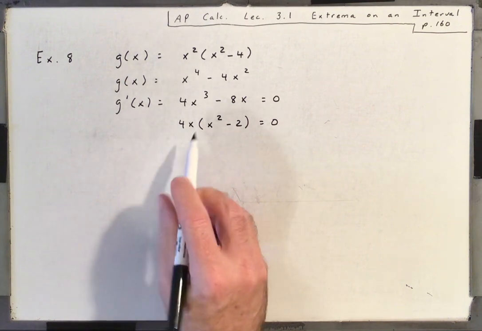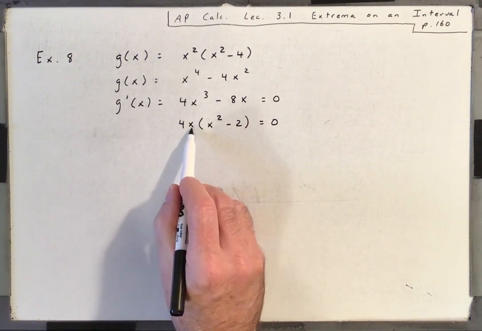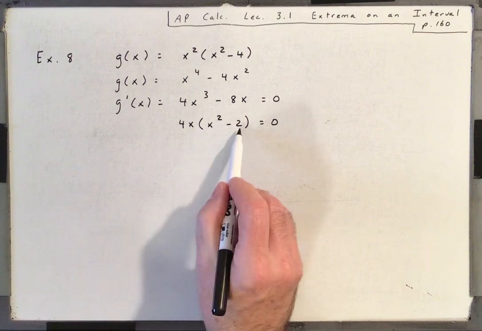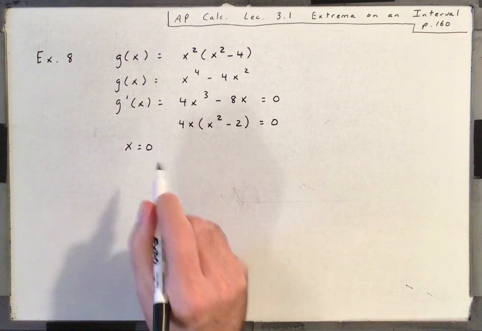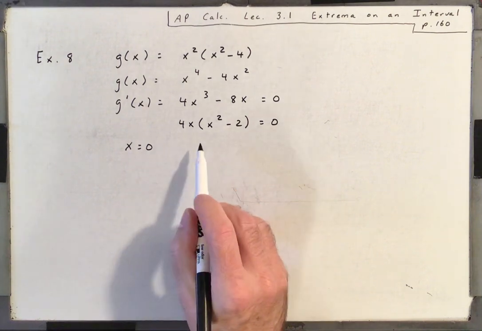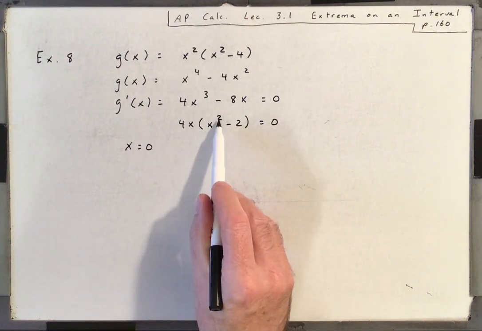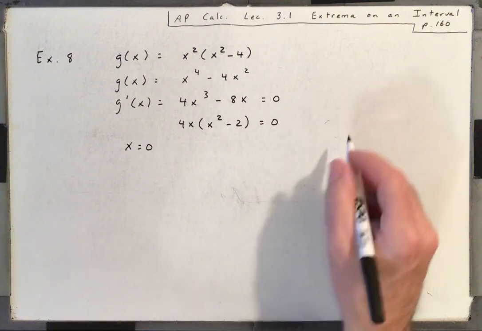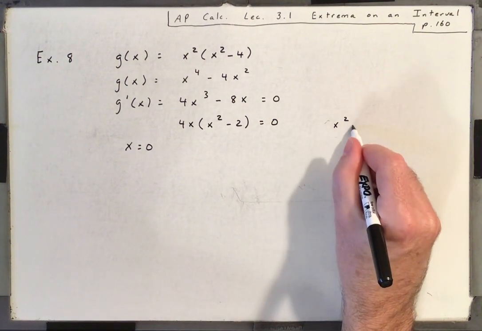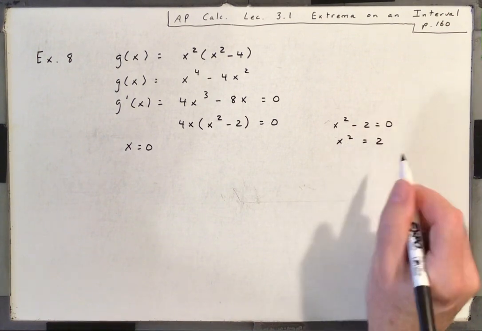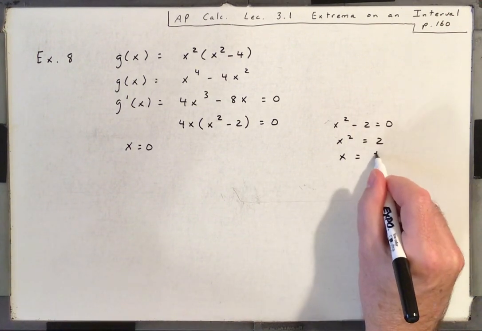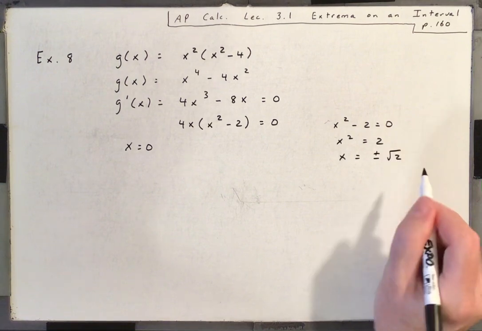Well, the first one's easy. If x is 0, we have 4 times 0, 0 times negative 2, that's 0. So we have x equals 0. But I have two others. If you have x squared minus 2 equal to 0, then x squared is equal to 2. x is going to be plus or minus the square root of 2.